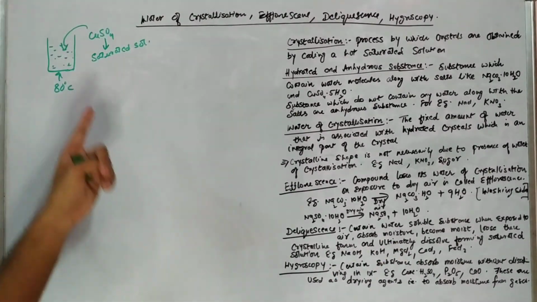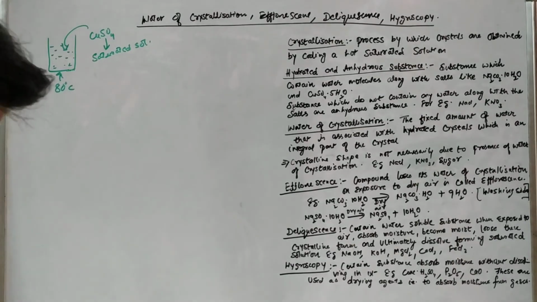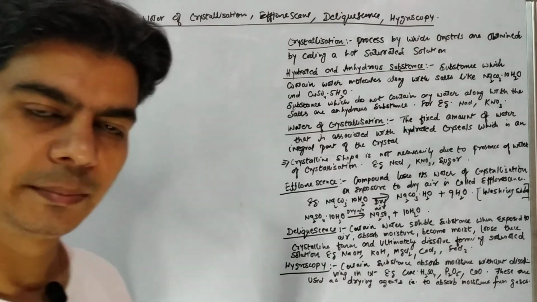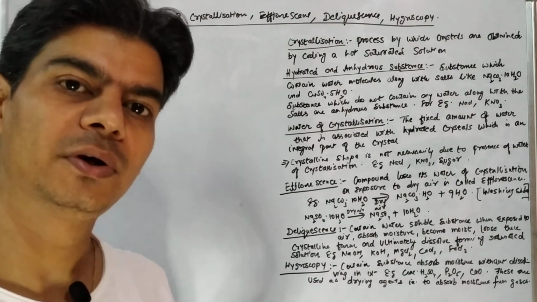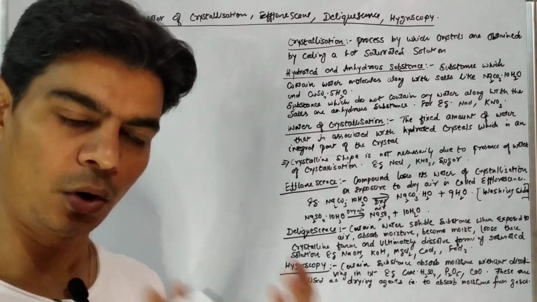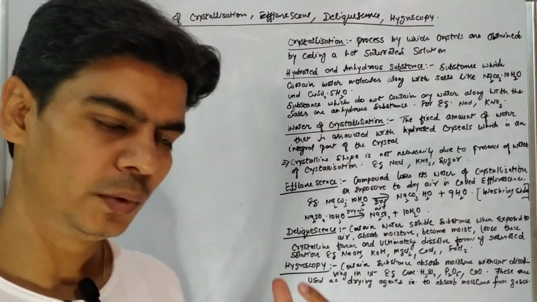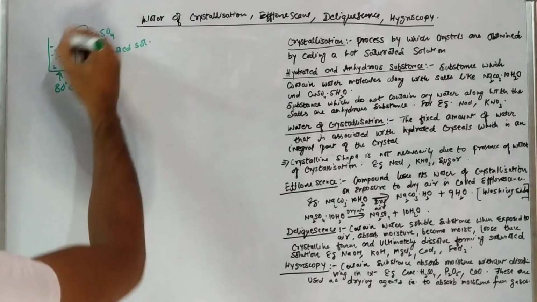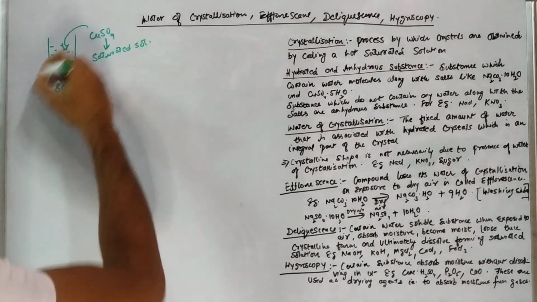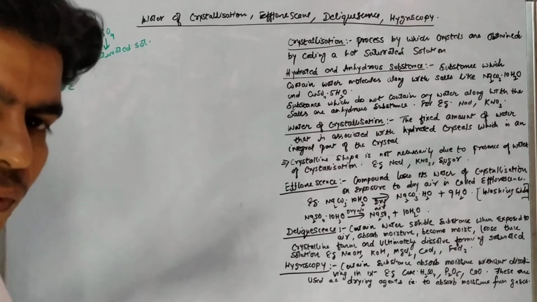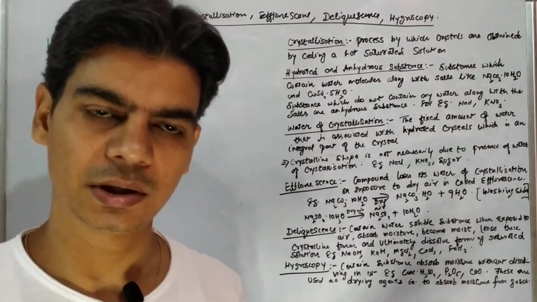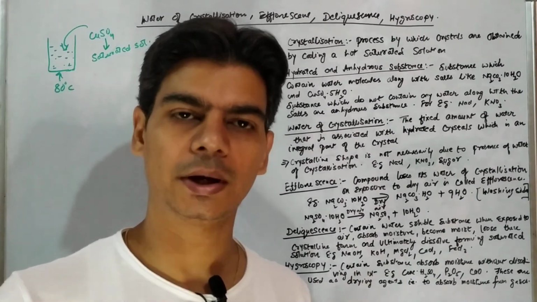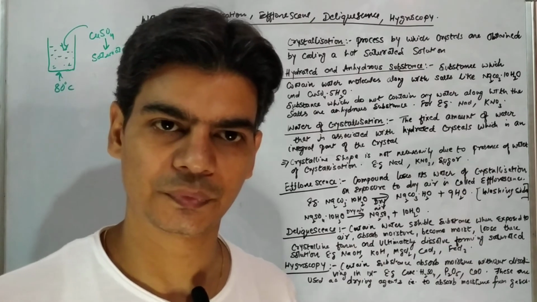For example, if in a similar way we prepare a saturated solution of sodium chloride and cool this hot saturated solution, we get crystals of sodium chloride. In case of copper sulfate, the crystals will have some water molecules associated with them, whereas the crystals of sodium chloride would not have any water associated with them.